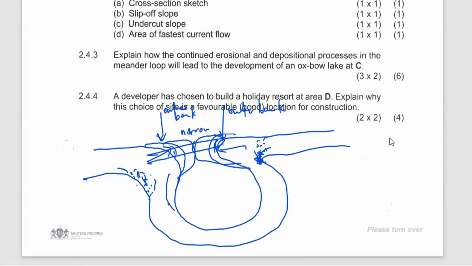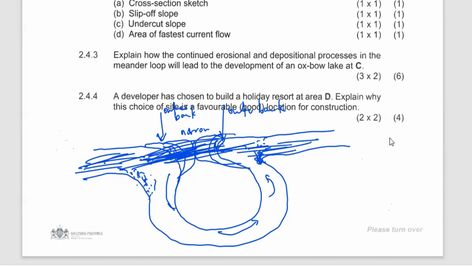Instead of the river circulating via this meander, it's now going to break through this former meander loop, which means the new course of the river is now flowing via this shaded area here. The river is no longer meandering, but now is following this straighter course going in that direction.